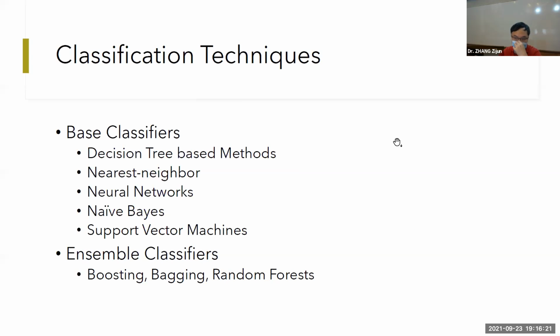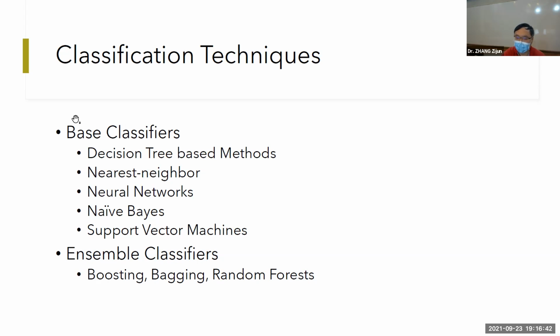All right. So that's generally the description of the classification task. Next, we will describe the classification techniques. Nowadays we have quite many types of classifiers, but we would like to talk about some basic ones, like base classifiers.